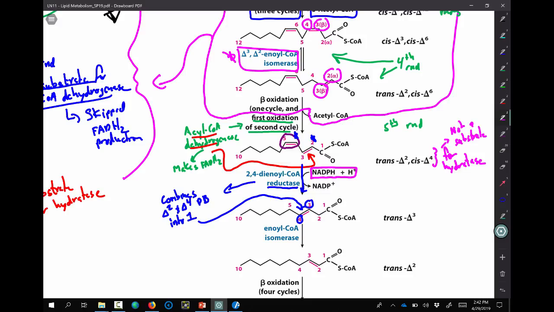And so when we look through this and consider how many NADH and how many FADH2s we make in this process, we have to subtract an NADH from our process because we use one to do the reductase. Okay, so in our 5th round, we have to subtract one NADH.